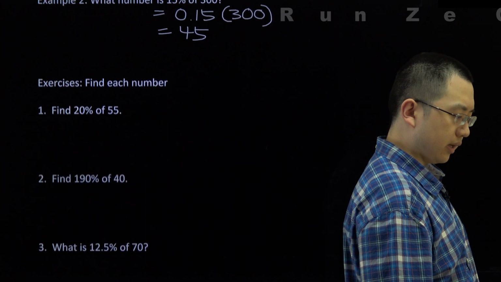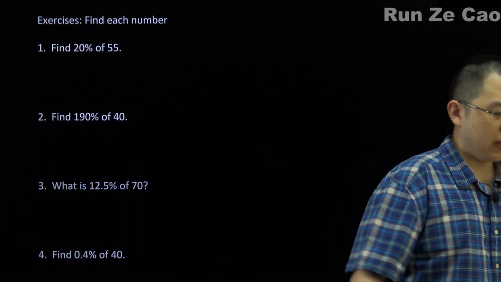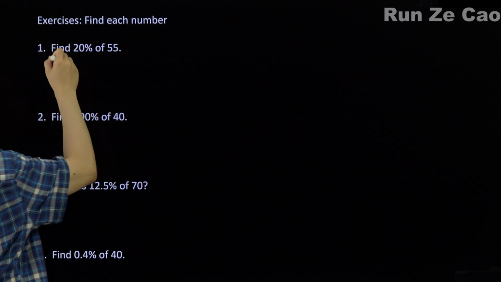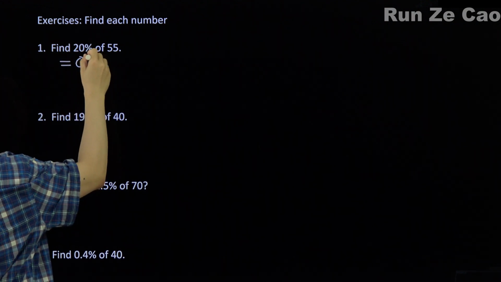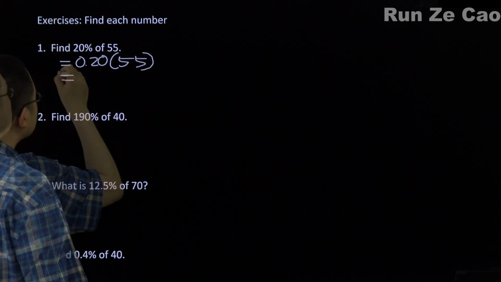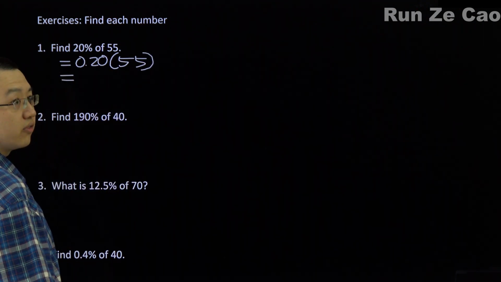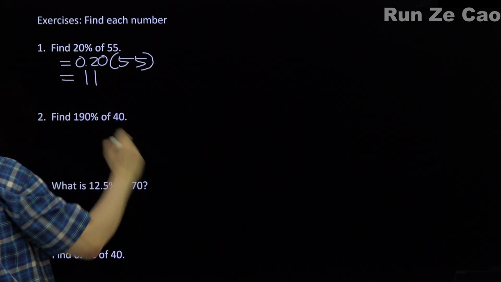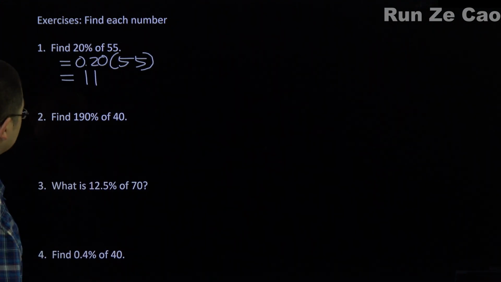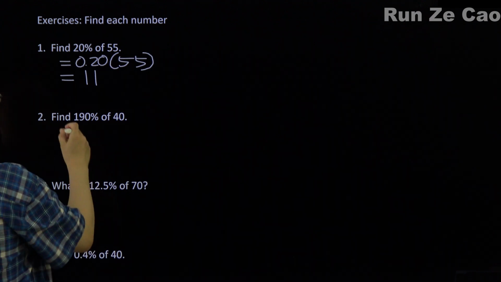So, let's find these numbers. Find 20% of 55. Well, that's equal to 0.20 times 55. It's 1/5 times 55. Well, okay, then it's going to be 11. So find 190% of 40.